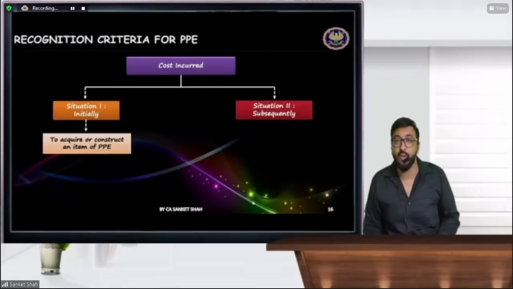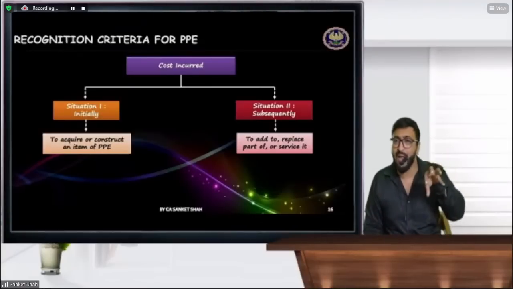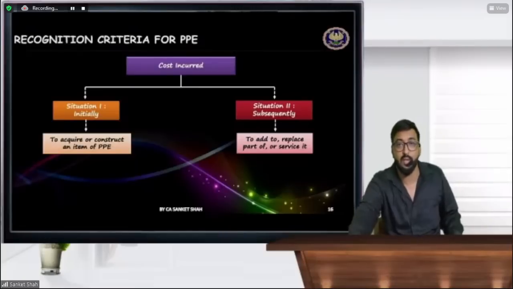Subsequently means you add to it, replace it, or service it. The second time you incur cost, you will add some asset, or replace an old asset and purchase some parts, or incur some servicing costs. So these are costs incurred.